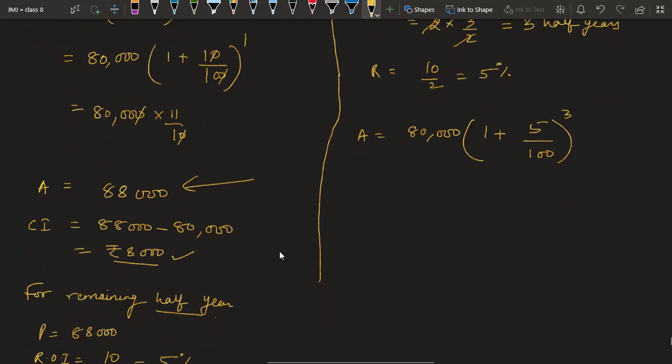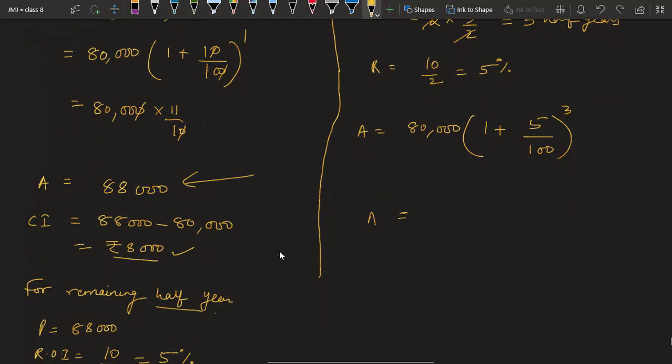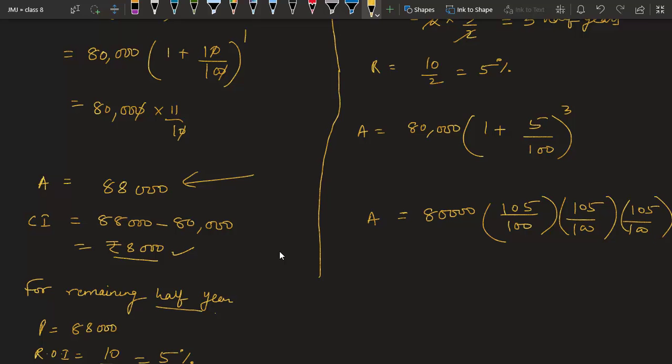Now solve this. 80,000, this will become 105 upon 100 three times, so 105 upon 100 and 105 upon 100. These 2 zeros will cut these 2 zeros, these 2 zeros will cut these 2 zeros, and now we are left with 8 into 105 into 105 into 105 upon 100.